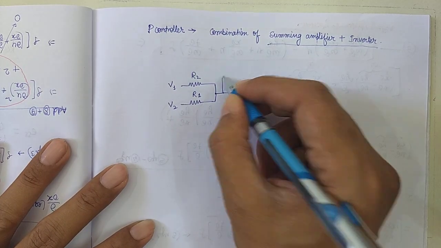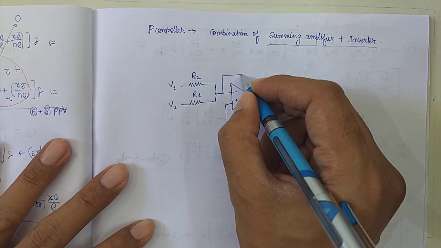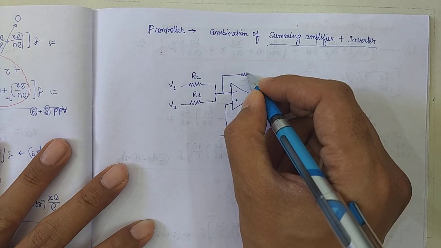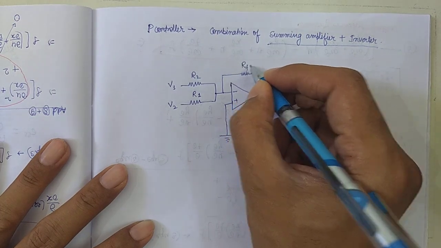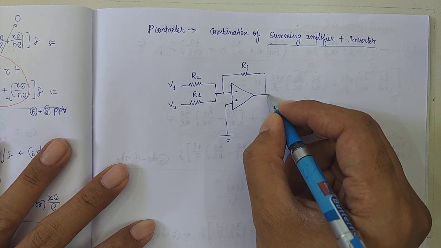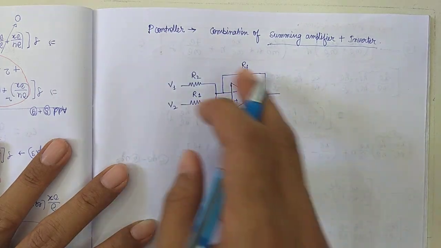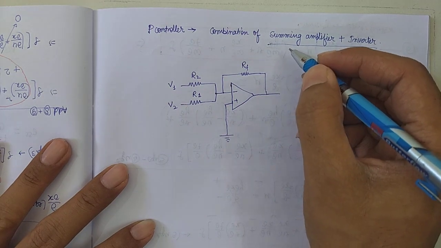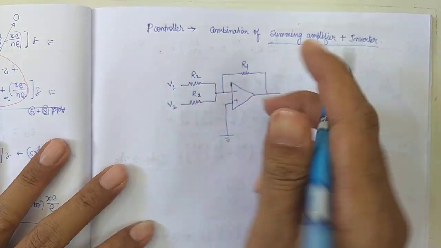This is connected to feedback resistance RF, and so this is how your summing amplifier looks like, this whole block.